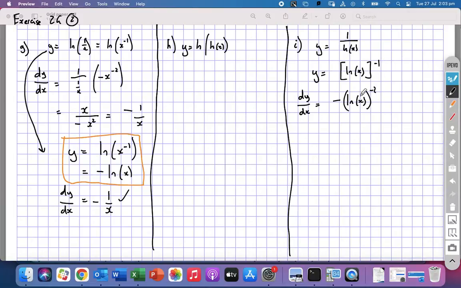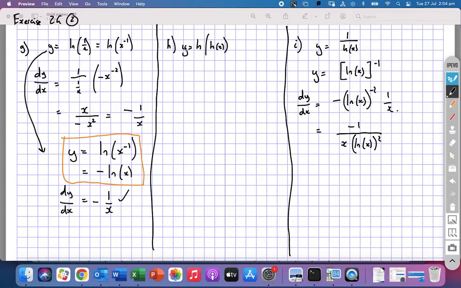So I'm looking at the outside. Then I look at the inside and I've got log x, and the derivative of that is 1 on x. So we end up with minus 1 on x, and then I've got my log x squared here. Just make sure that you're showing that it's all squared. So that one's quite different to this log of 1 on x. With 1 on log x, the derivative came out quite differently.